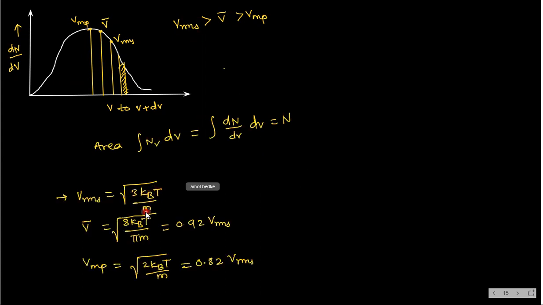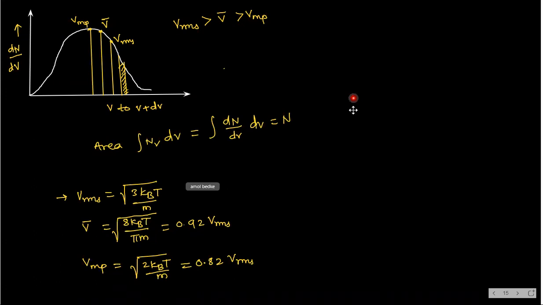Vrms is root 3 kBT by M. So V bar is equal to 0.92 times Vrms, and Vmp is 0.82 Vrms. If in a problem they have given V bar, and you want to find Vrms, directly divide by 0.92, you will get it. Or if the most probable is given, just directly divide by 0.82, you will get Vrms. No need to substitute any other values. So these 2 points you can keep in mind.